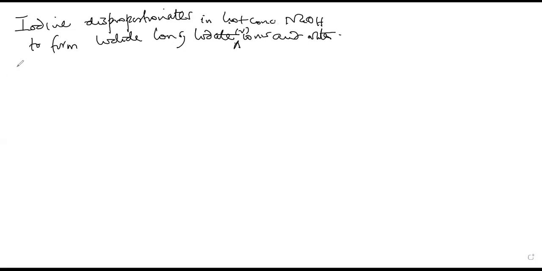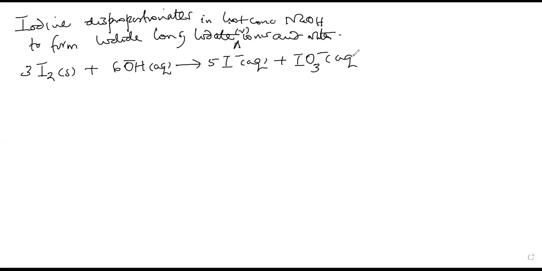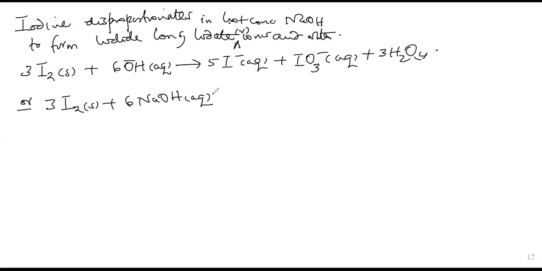So we shall have iodine, a solid, 6OH. We shall form 5 iodide plus iodate 5 and water, or have 3 iodine plus 6 sodium hydroxide form 5 sodium iodide plus sodium iodate and water.